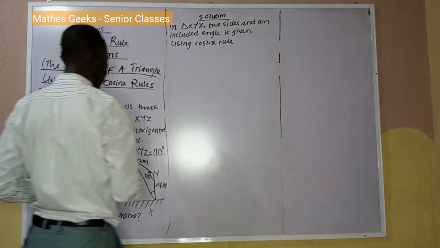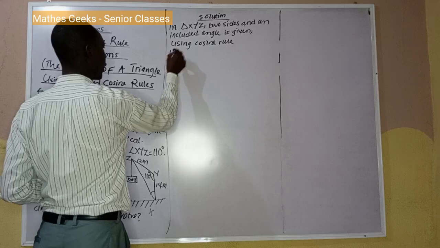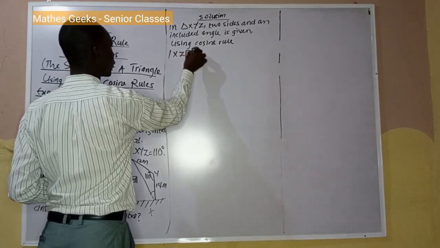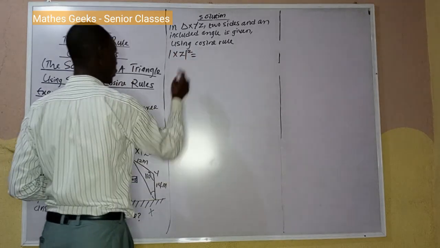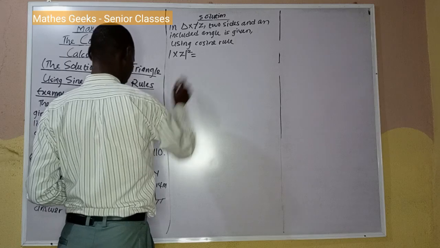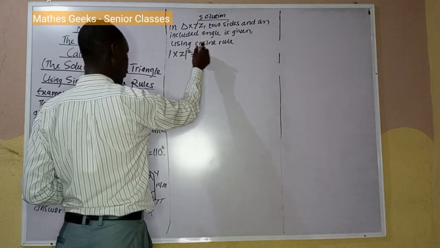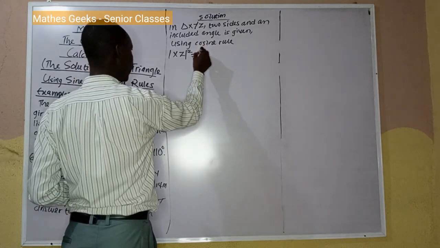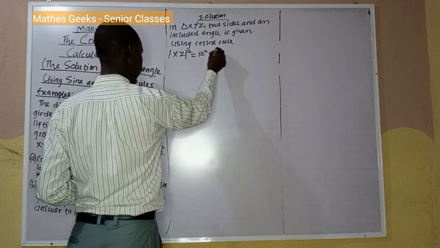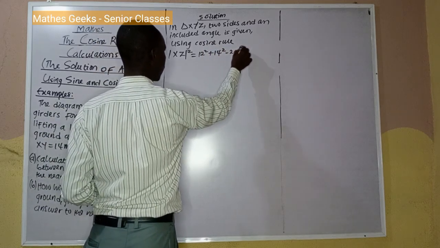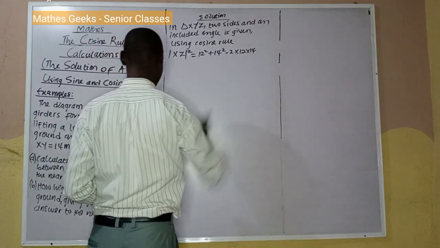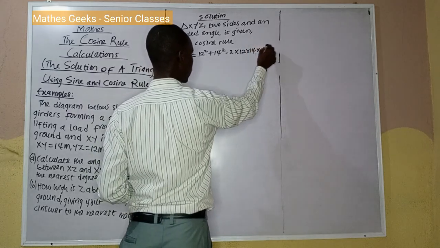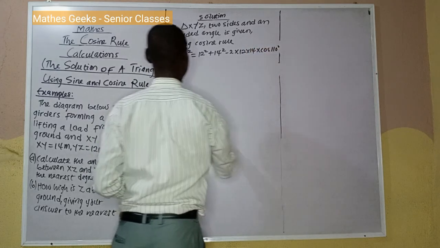So using the cosine rule, we're going to say line XZ squared, which we can call y, is equal to 12 squared plus 14 squared minus 2 times 12 times 14 times cos 110 degrees.